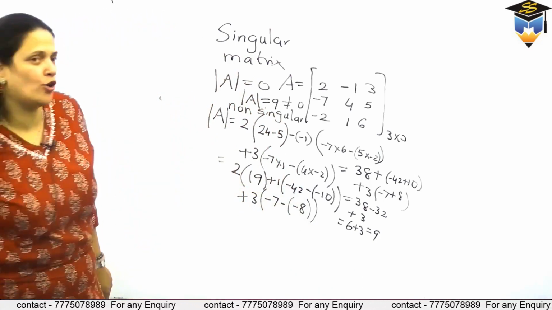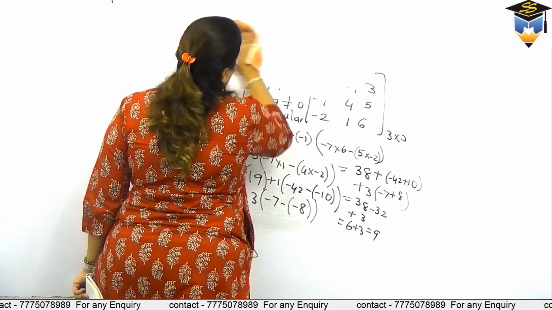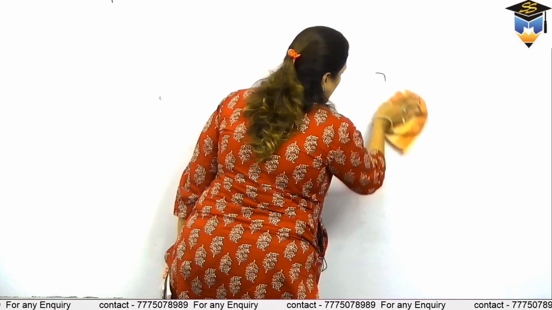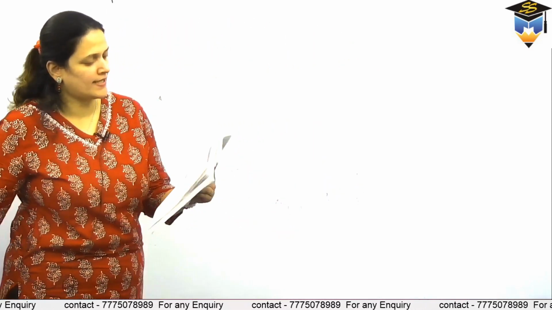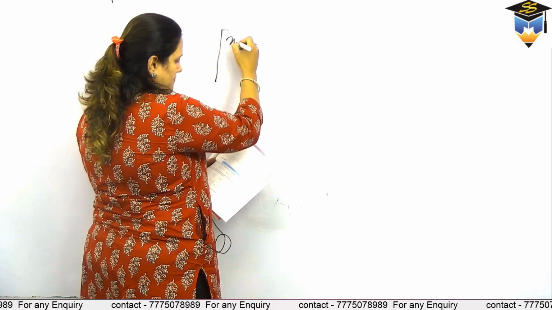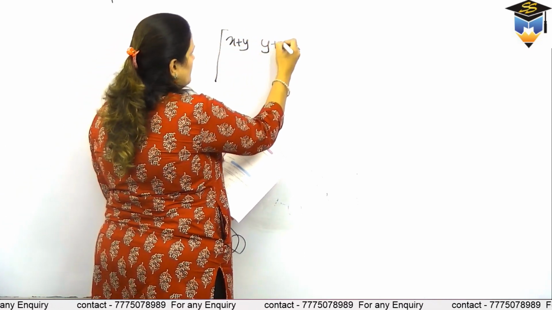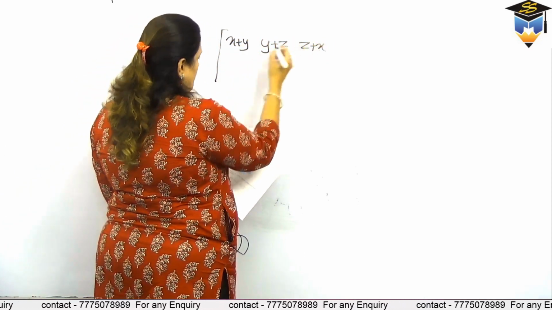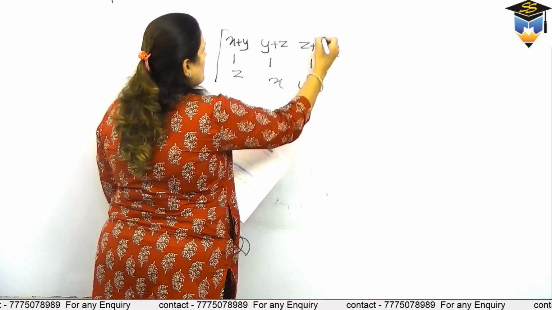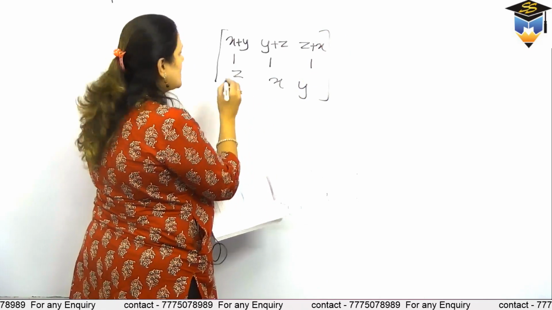You have to show that this another matrix which I am going to give you over here is a singular matrix. The question is, show that this matrix is a singular matrix.